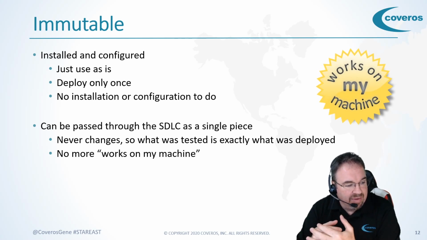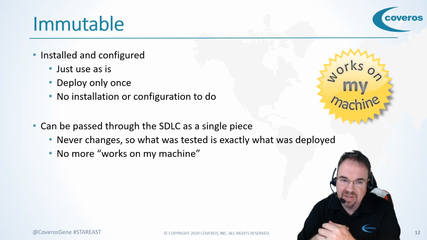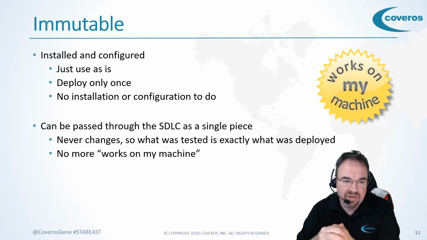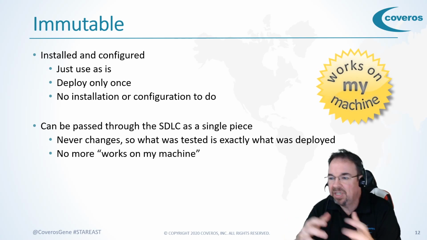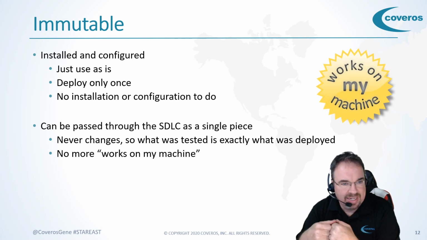So in every environment, we are using the same installed system. There's no installation configuration to do. We've only had to deploy it once, and then we just move that Docker container and use that wherever we need, or the Docker image, and we spin up a container that's an exact duplicate. It doesn't need to be reconfigured.